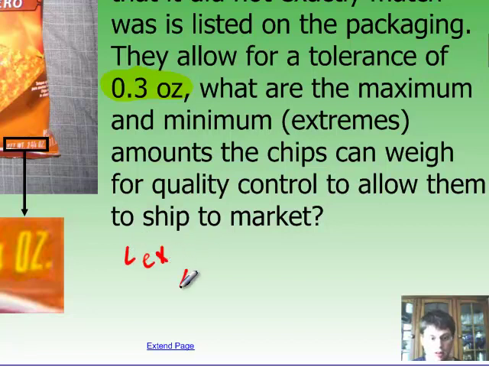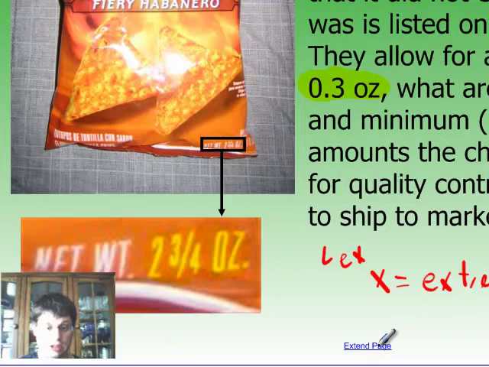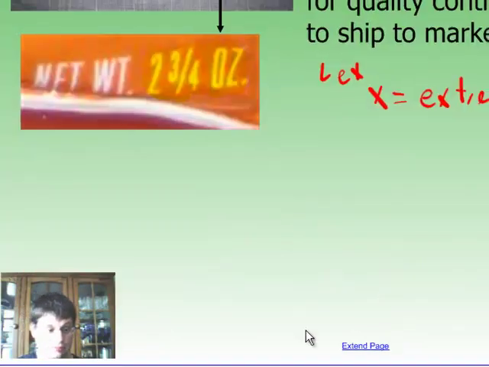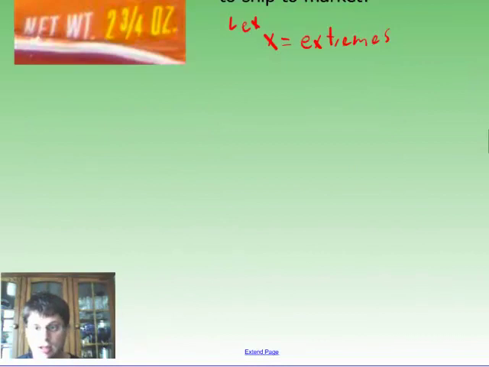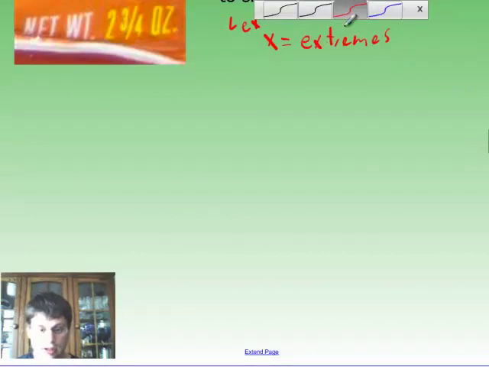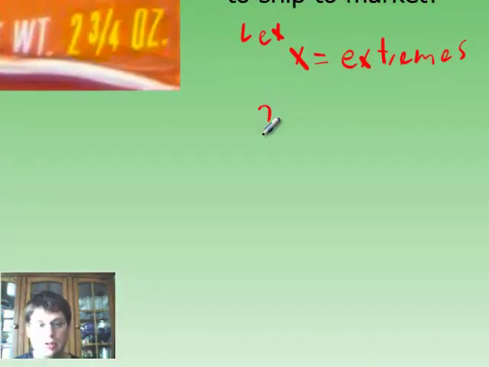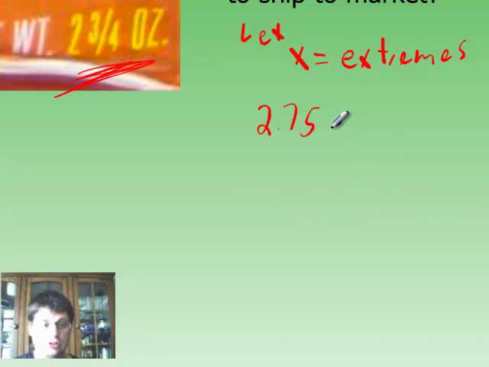And we'll say let x equal the extremes, okay, meaning the maximum and minimum weights. And then we're going to go ahead and set up our inequality. So basically the ideal weight is 2.75 ounces, as we see here on the package.